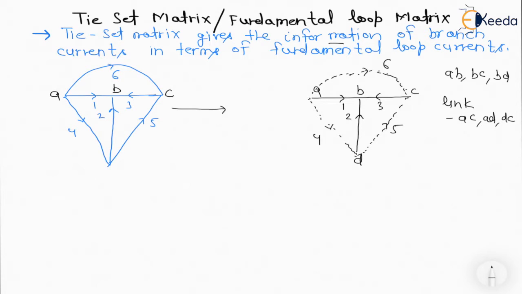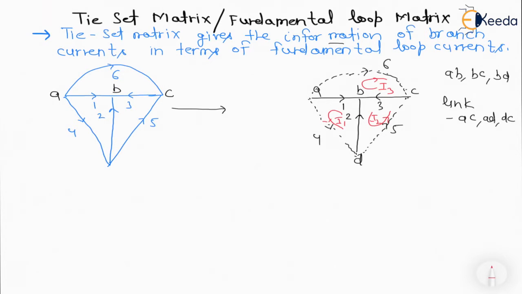When we write the fundamental loop current direction, it will be in the direction of the links. So I1 will be in the direction of 4, I2 will be in the direction of 5, and I3 will be in the direction of 6. You can see very clearly from here.